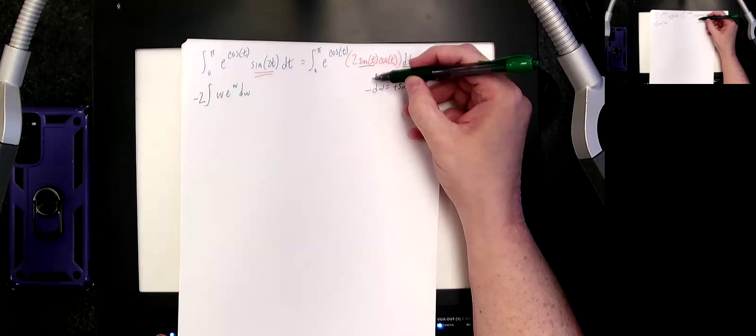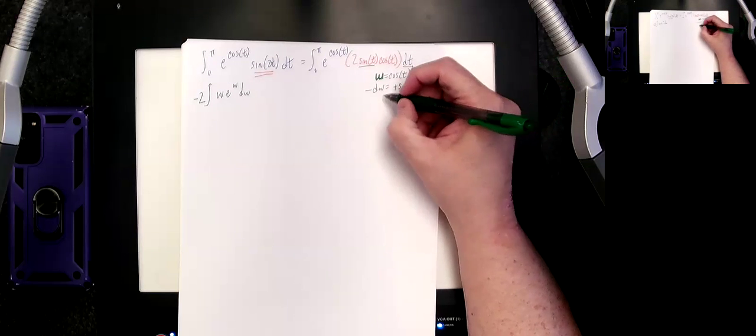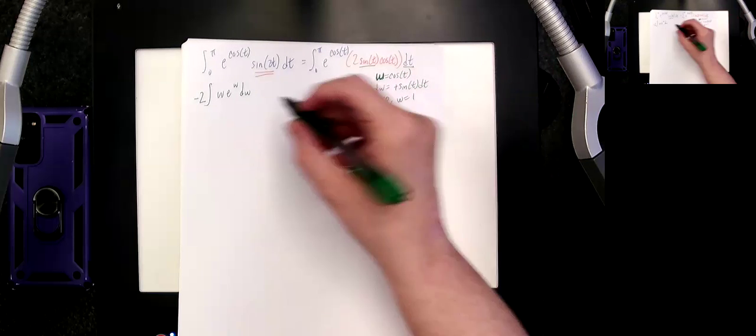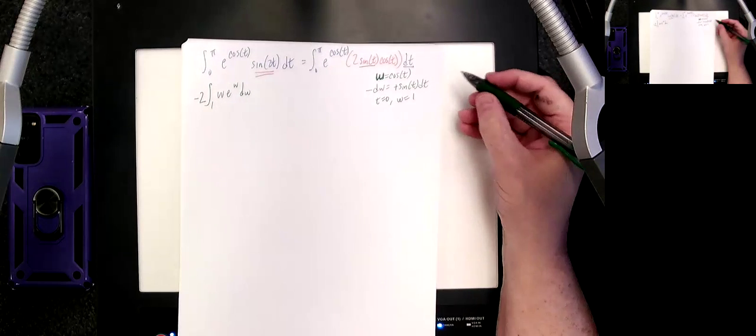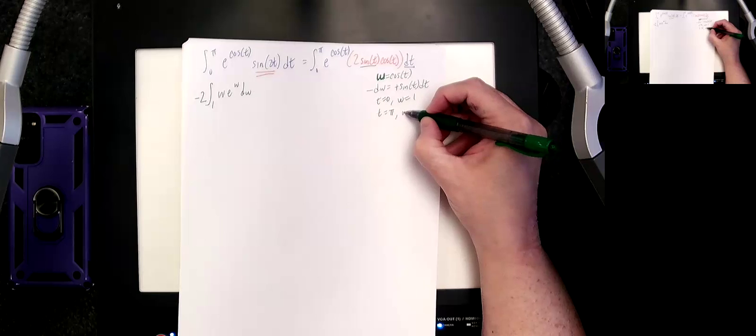We do new limits. When t equals 0, W equals 1. And when t equals pi, W equals -1.